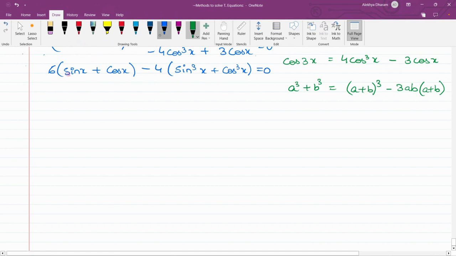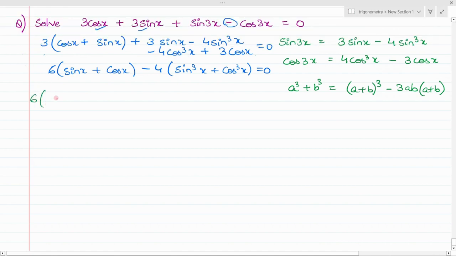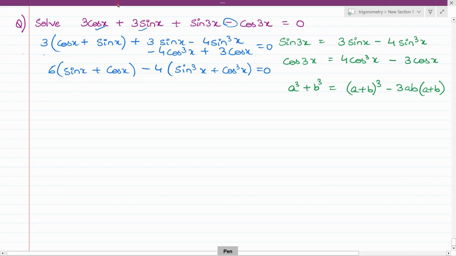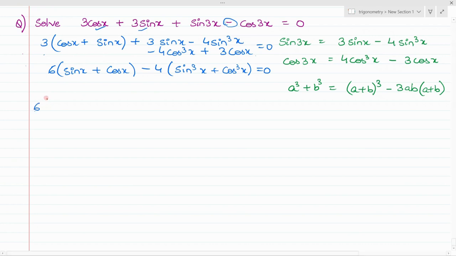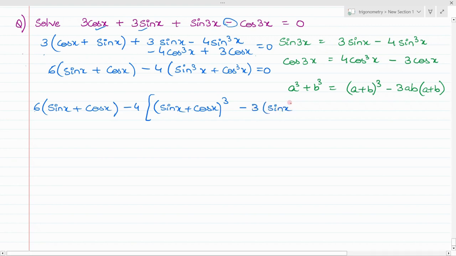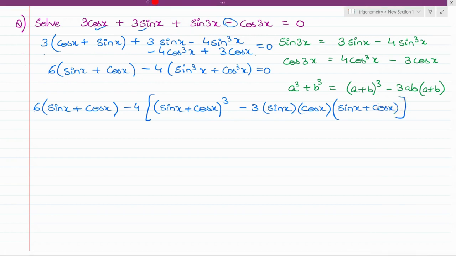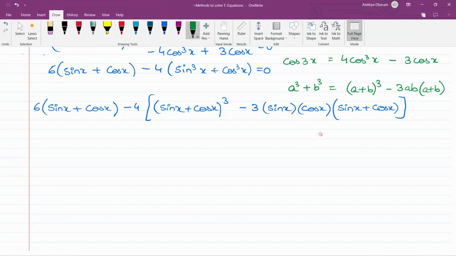So using this formula, we can write this as 6 times of sin x plus cos x minus 4 times sin x plus cos x whole cube minus 3ab, which is sin x and cos x, into a plus b, that is sin x plus cos x.